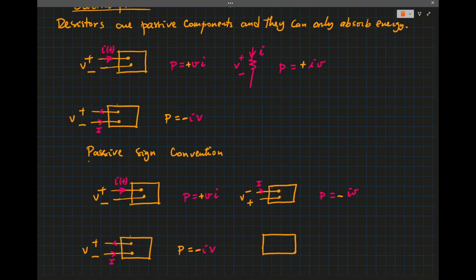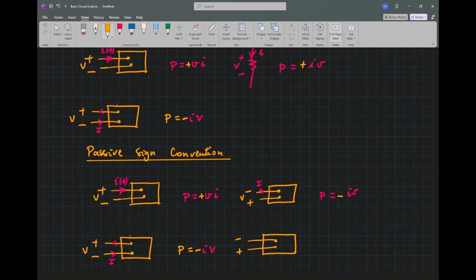But resistors are passive components that can only absorb power. And when I have this scenario, the voltage polarity remains the same, but the current is going that way.